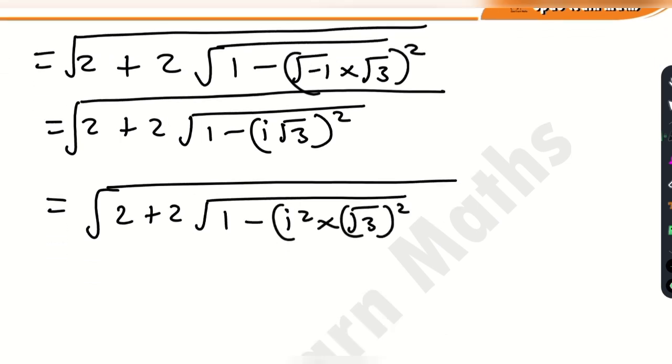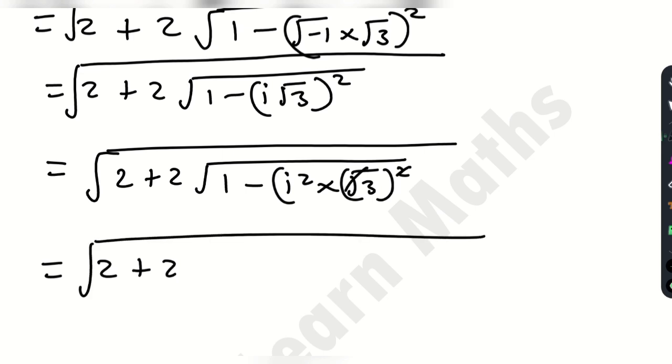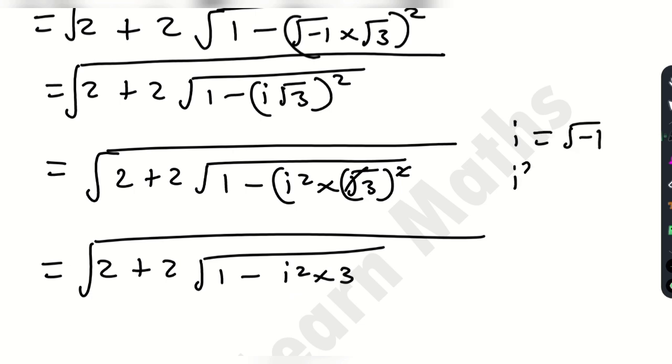Now, again, this square will cancel the square root, and then you have 2 plus 2 root 1 minus i squared times 3. Now, what is i squared? If i is equal to root negative 1, it means that i squared will be negative 1, because if you square this, you have to square this as well, and this square will cancel the square root. So i squared is equal to negative 1.